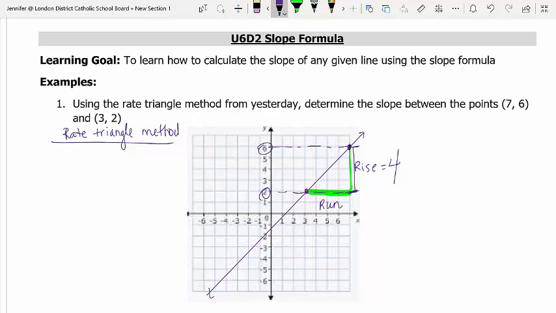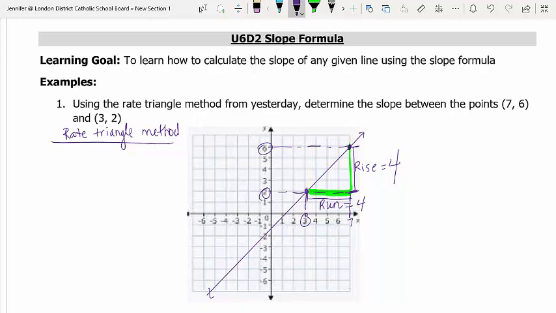And we keep the rise positive because this is a positive trend, or a positive slope, because it's going up and to the right. And then the run starts at 3 and goes until 7. So the run is 4 as well.